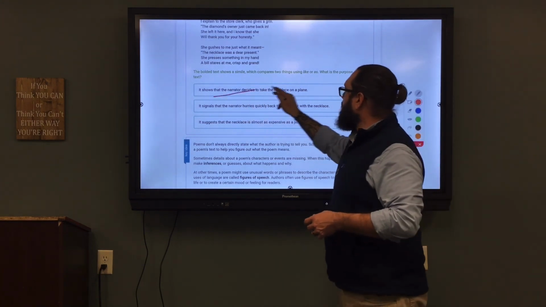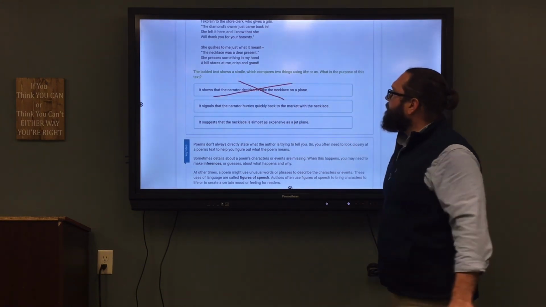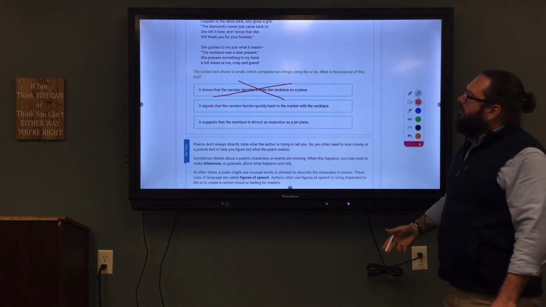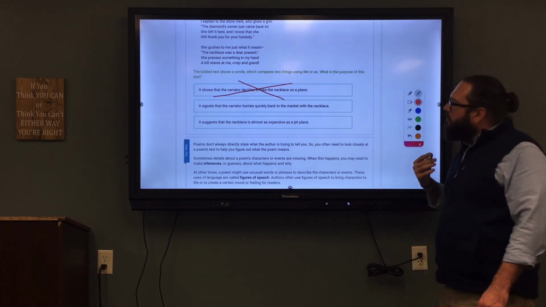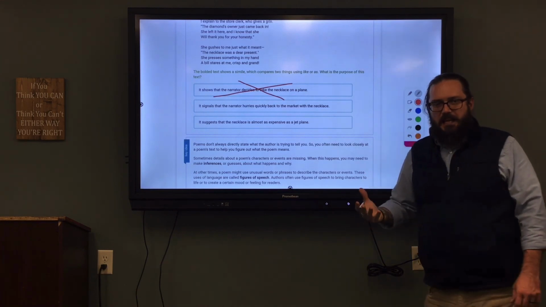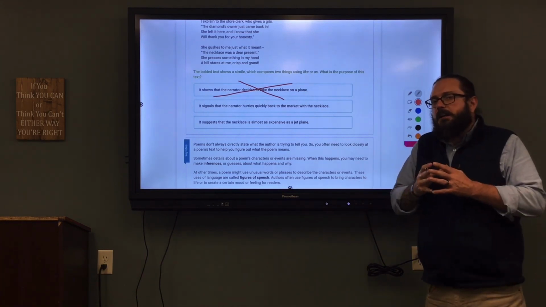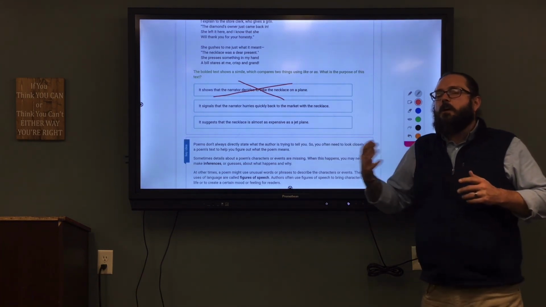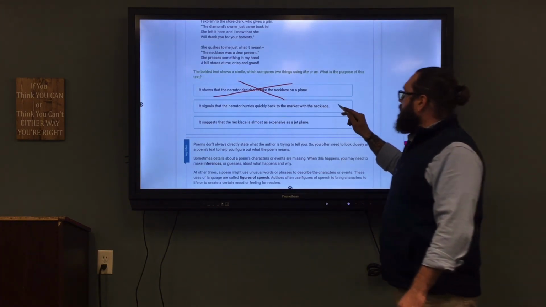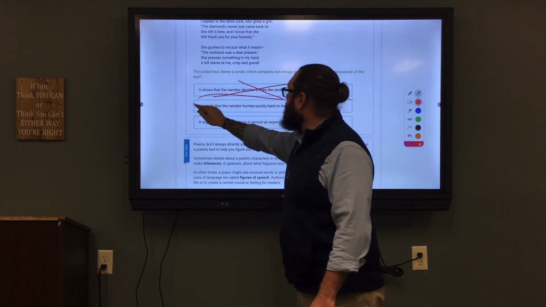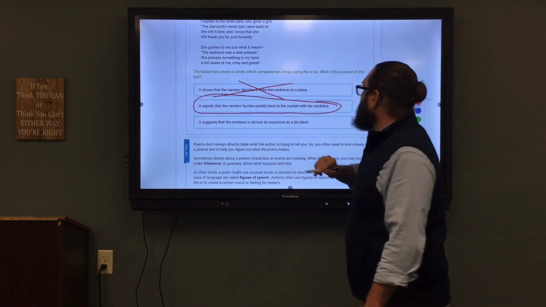So we're going to go ahead and rule it out. It signals that the narrator hurries back to the market with the necklace. Well, we do know that that is the case because we compared the person running off with the speed of a jet plane. So, of the three, we do know that is correct.